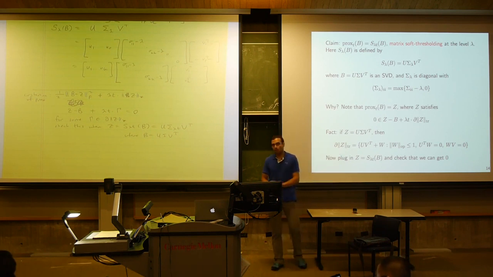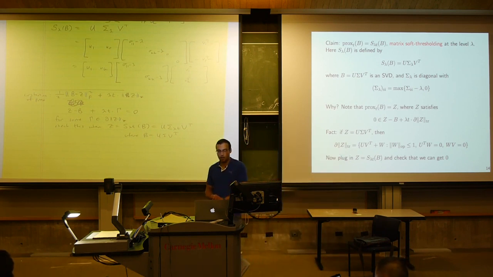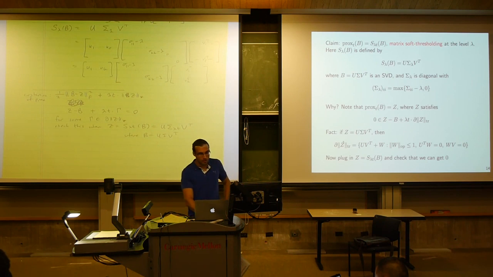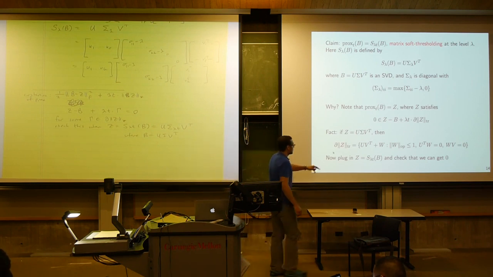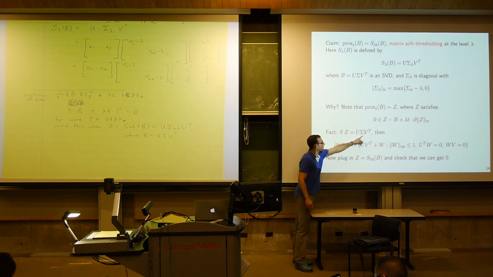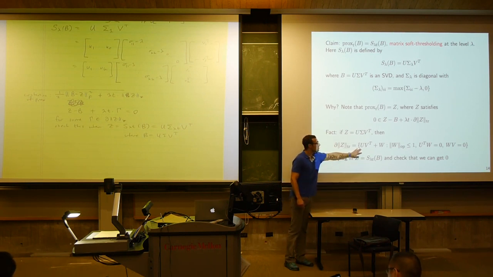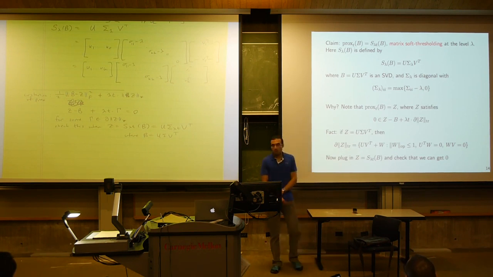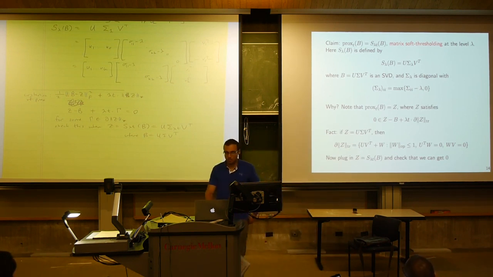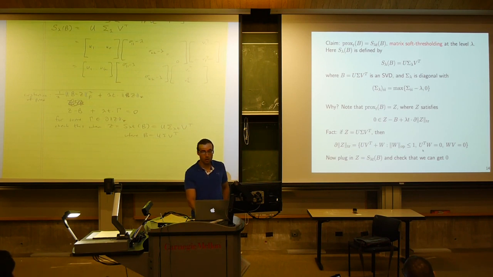But here are the subgradients of the trace norm, say evaluated at the matrix Z. If Z has the SVD, let's say U sigma V transpose, then the subgradients of the trace norm at Z are all matrices of the form UV transpose plus W, where W is any matrix that has the biggest singular value less than or equal to 1, and it's orthogonal to the columns of U and the rows of V. That's what this is saying.